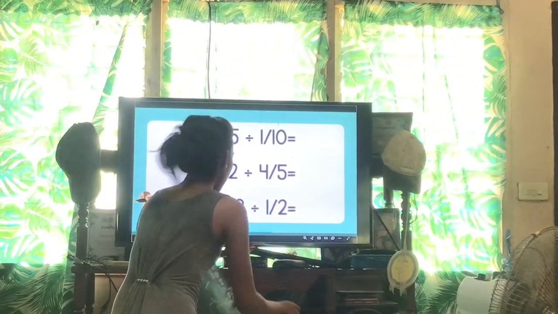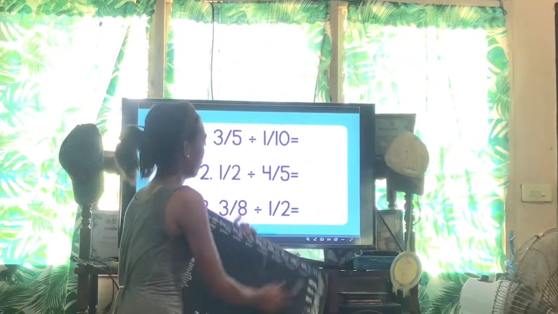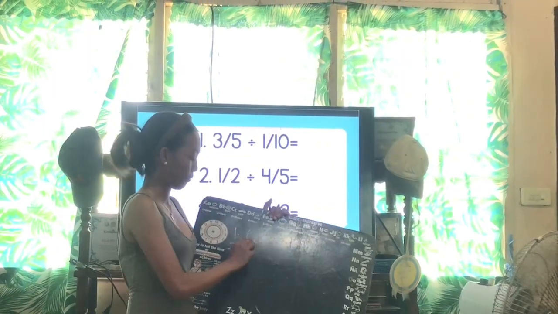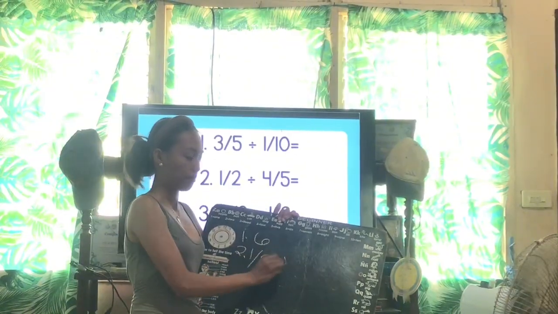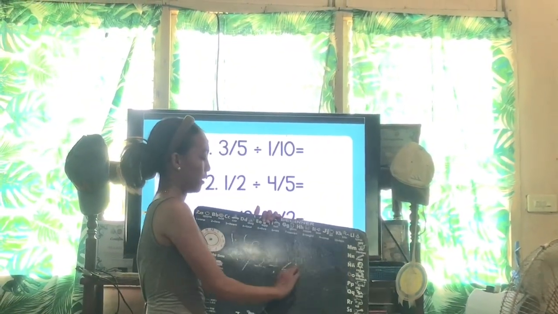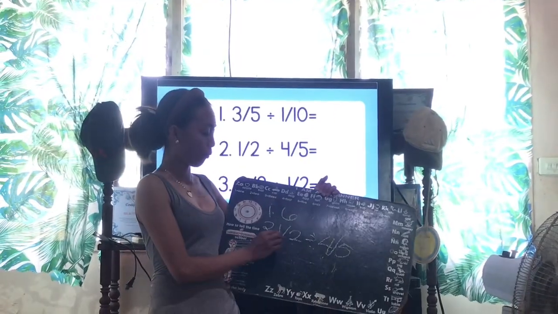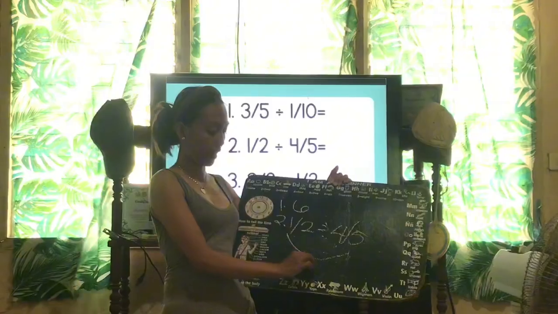Second, number 2 is 1/2 divided by 4 over a denominator. 1 times 5 is 5.